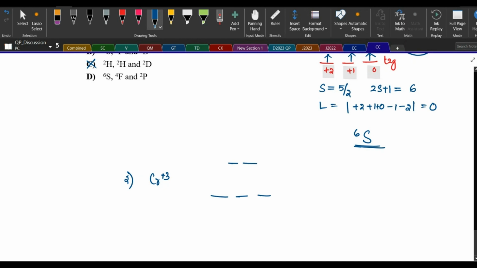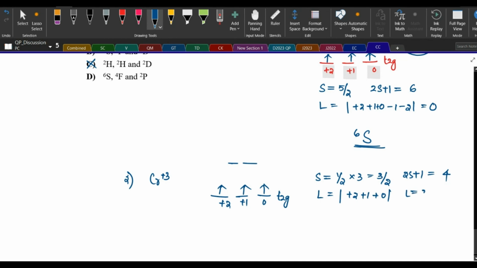t2g eg. You have to fill 3 electrons. 1, 2, 3. Plus 2, plus 1, 0. What is the value of S? S is equal to 1/2 into 3, which is 3/2. Spin multiplicity 2S plus 1 is equal to 4. What is the total L value? Plus 2 plus 1 plus 0, so L is equal to 3.